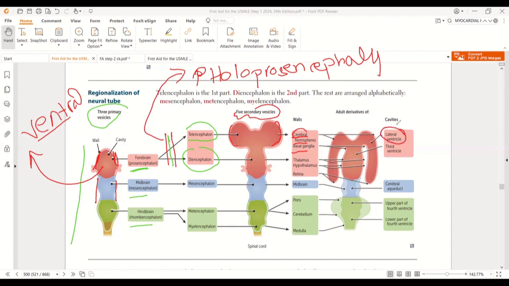While the wall of the diencephalon gives rise to the thalamus and hypothalamus, and again, important stuff, the retina, right?